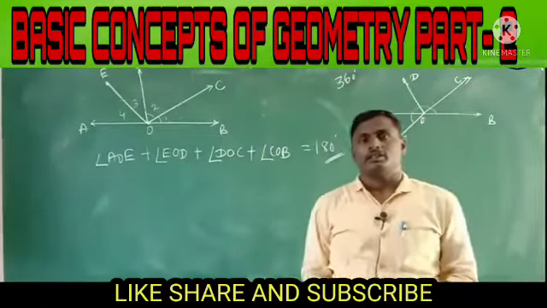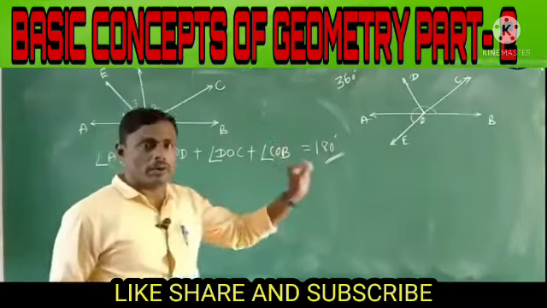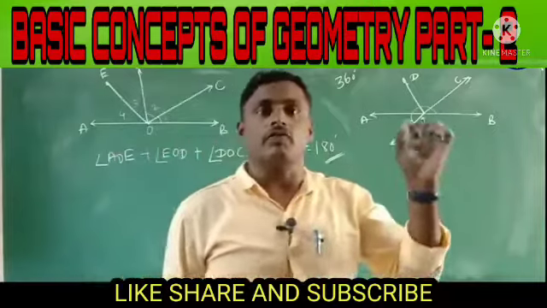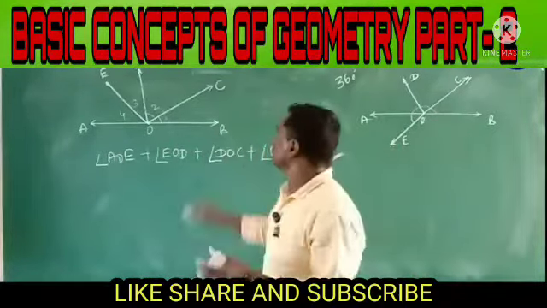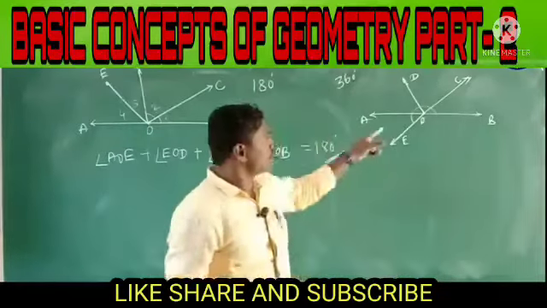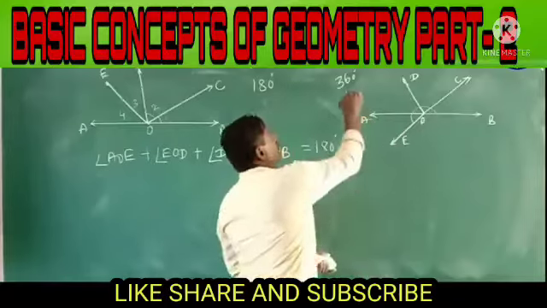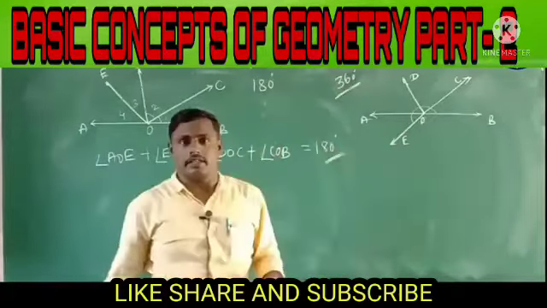Clear? So how can you define that one? First, the angle formed on the same side of a line is always equal to 180 degrees. The angles formed by the same point in all directions are always equal to 360 degrees, right?